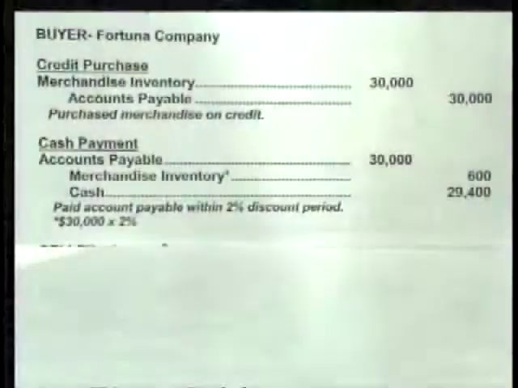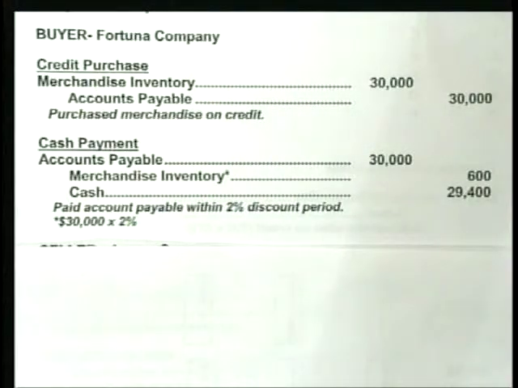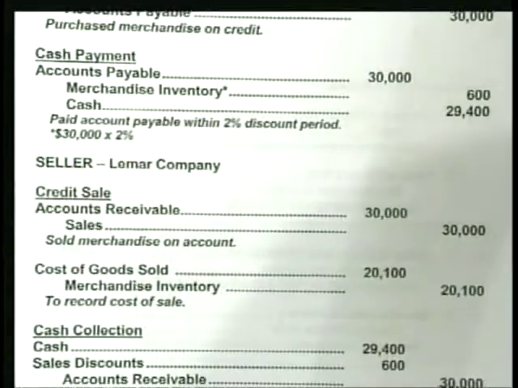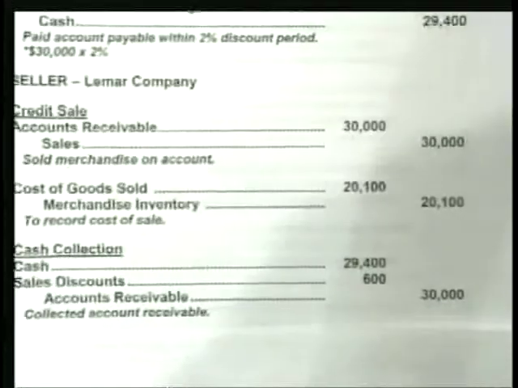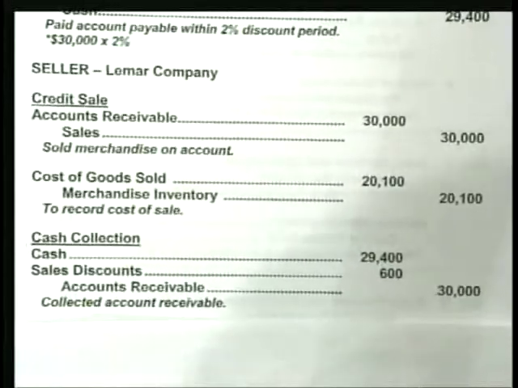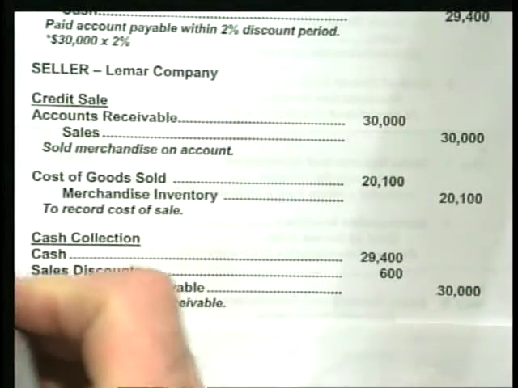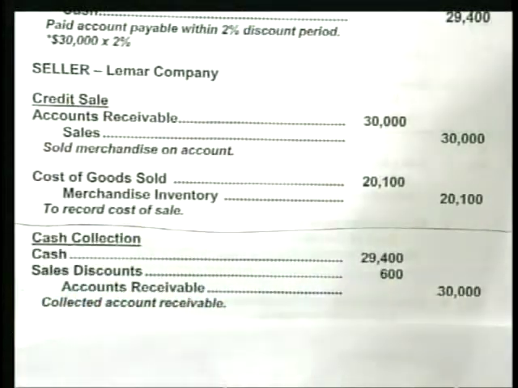Okay? All right, let's take a look at the seller's journal entries for Lemur Company. All right, now we have, let me go ahead and draw a line there to separate those.